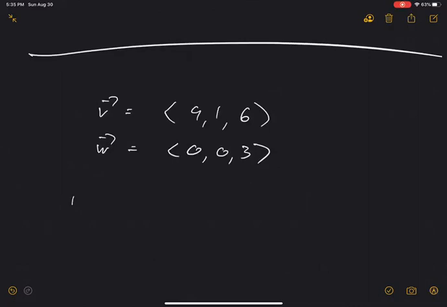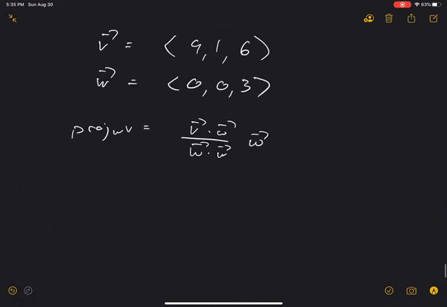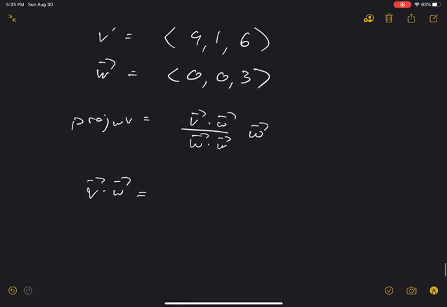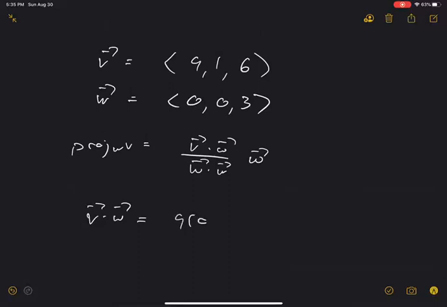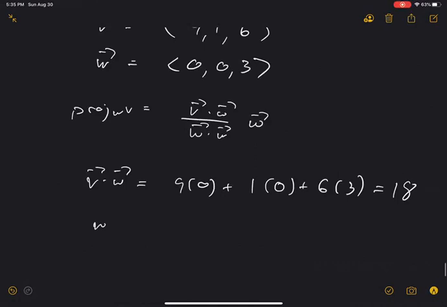Okay, so let's again find the projection of V onto W. Okay, that's going to be V dot W over W dot W, times W. Okay, so let's find V dot W. That's 9 times 0 plus 1 times 0 plus 6 times 3, 18. W dot W, that's just 9.